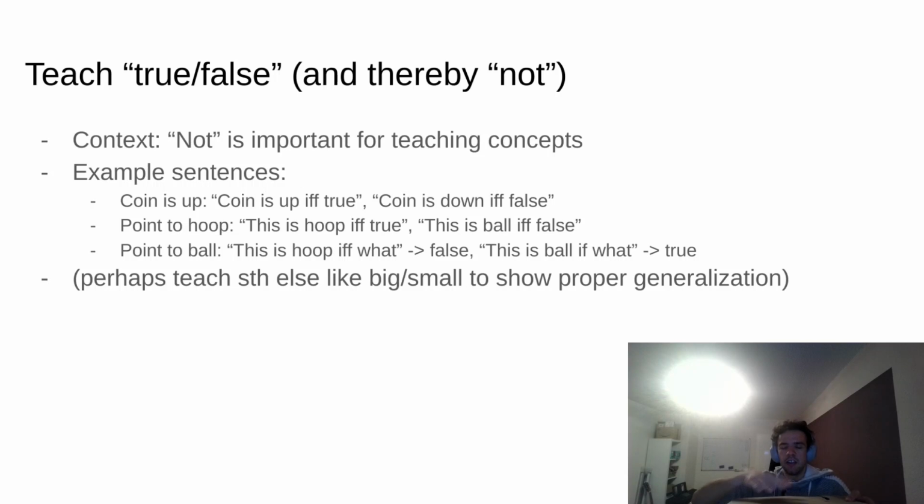And then they say false, would be the hope. So far I only have very few example sentences, like "this is" or "coin is up or down". We might teach more, those are easier to teach than "not". So then we could get more training data if we need more.